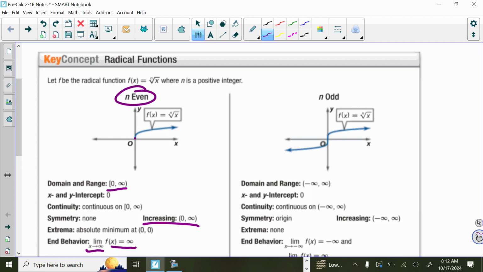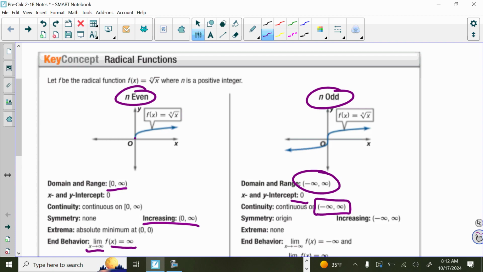If n is odd, so we're talking about the root, then if you have an even root, that's what it looks like, and if your root is odd, like 3, 5, 7, you're going to have some numbers that go below the x and y axes. Your range is a little different: negative infinity to positive infinity, all real. The x and y intercept is at 0. It's continuous through the whole domain and range.